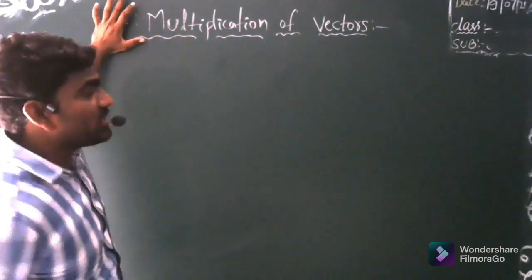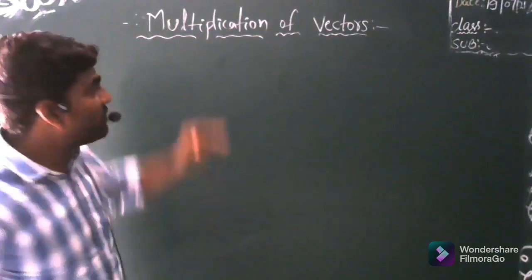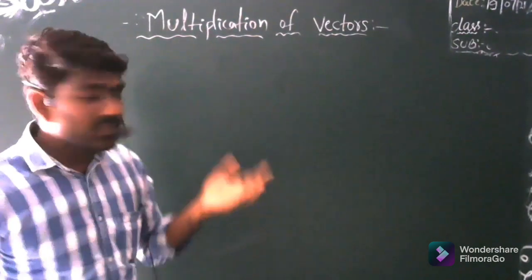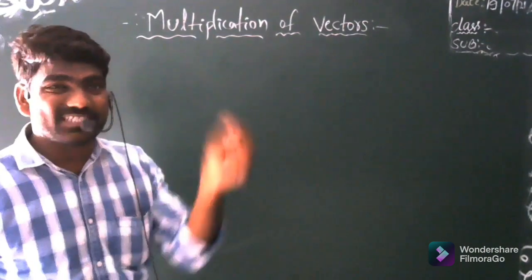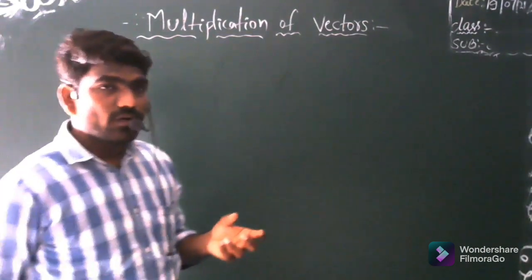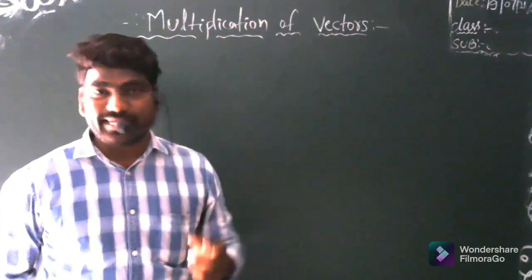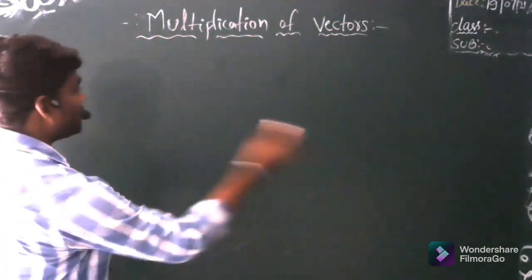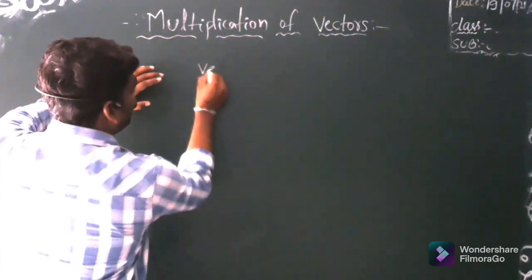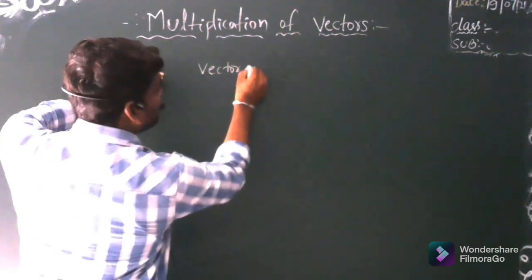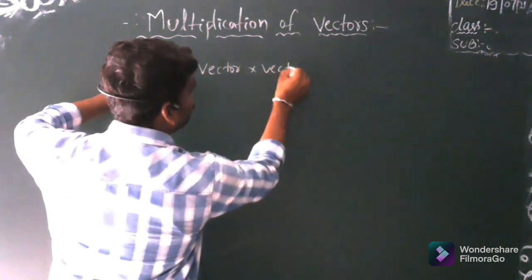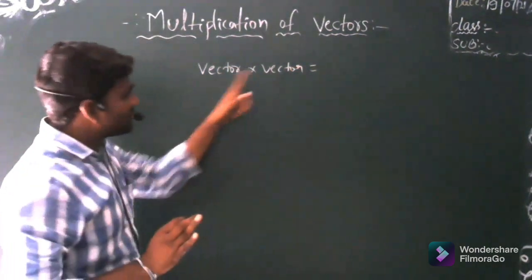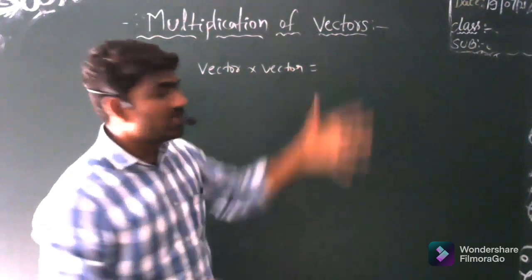Before going to the product of any two vectors, just try to identify what the resultant will be when you multiply any two vectors. If you multiply one vector with another vector, what should be the result?